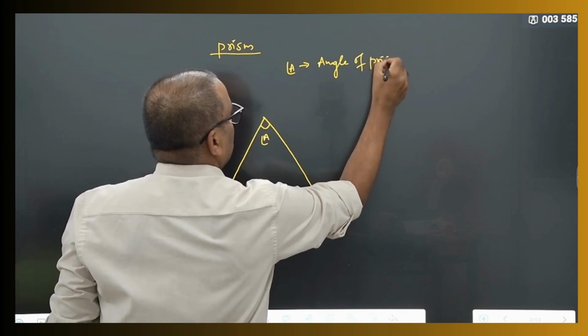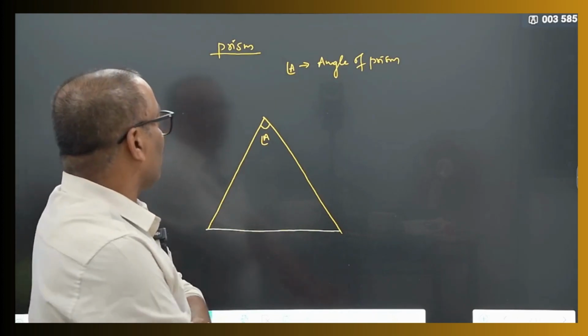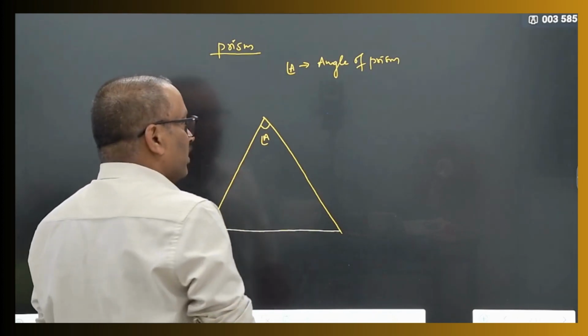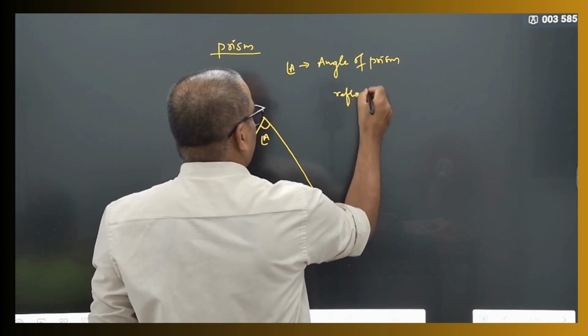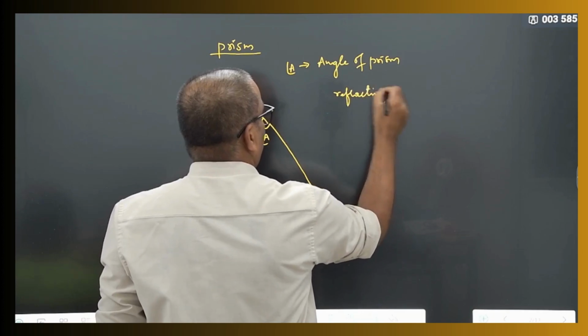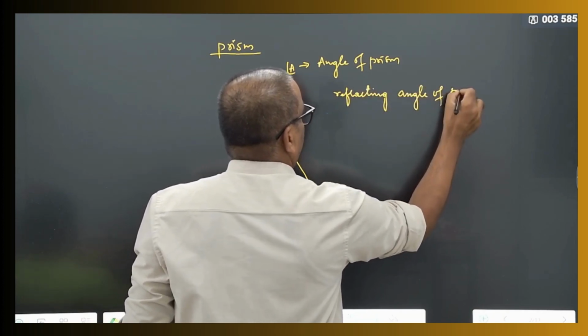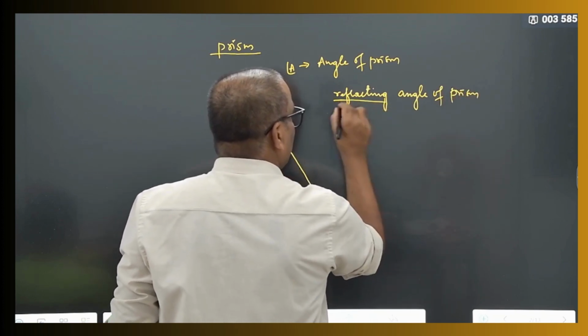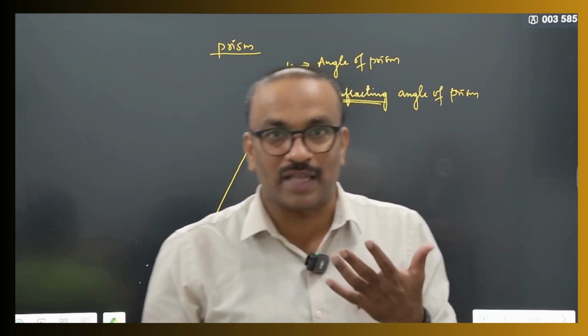Most of the times, this angle of prism is also called the refracting angle of prism. Don't confuse it: most students think that refracting angle means the angle of refraction.